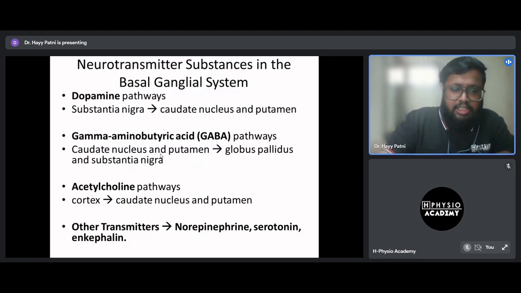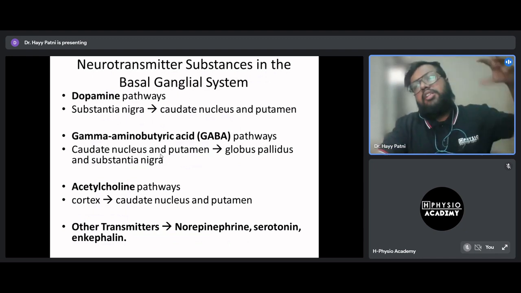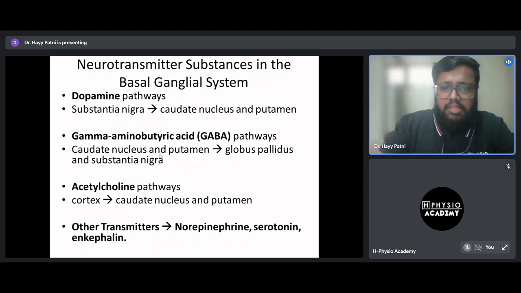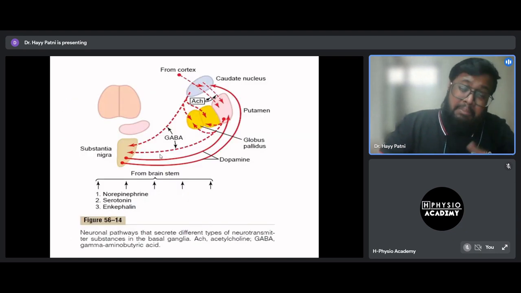The major acetylcholine pathways come from the cortex to different areas. So when we are getting afferents from the cortex in any pathway, it is majorly the acetylcholine pathways. There are other neurotransmitters such as norepinephrine, serotonin, enkephalin, and many more. When we are considering the basal ganglia, from the cortex we are getting acetylcholine.